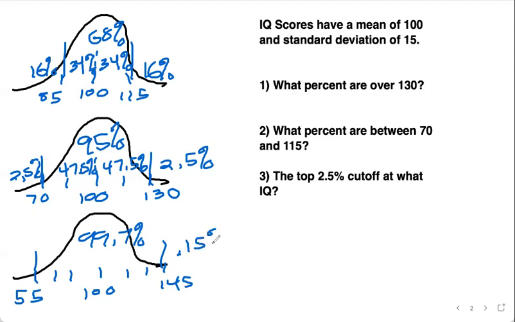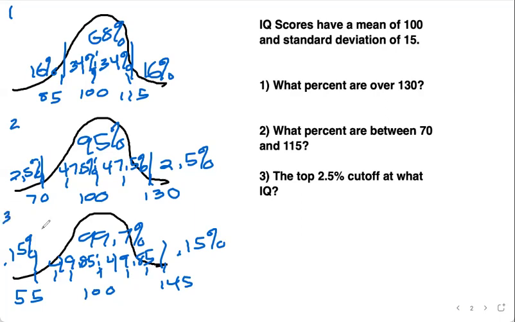Divide by 2, that's 0.15% on each side. Cut 99.7 in half, and it will give you 49.85% on each side. And yeah, these percentages would hold true for 1, 2, and 3 standard deviations above and below the mean.